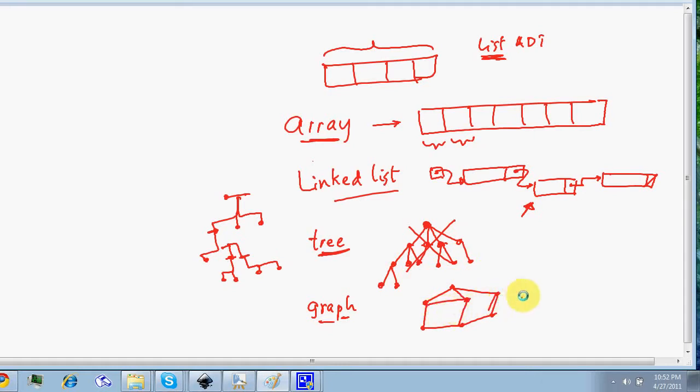For example, cyclic graph, for example, directed graph. Directed graphs are the ones where not only are the nodes linked, but there is some kind of relationship going from one node to another. For example, this could be dependency. This node depends upon this node. Okay, and similarly, this node depends upon this node, and so on.